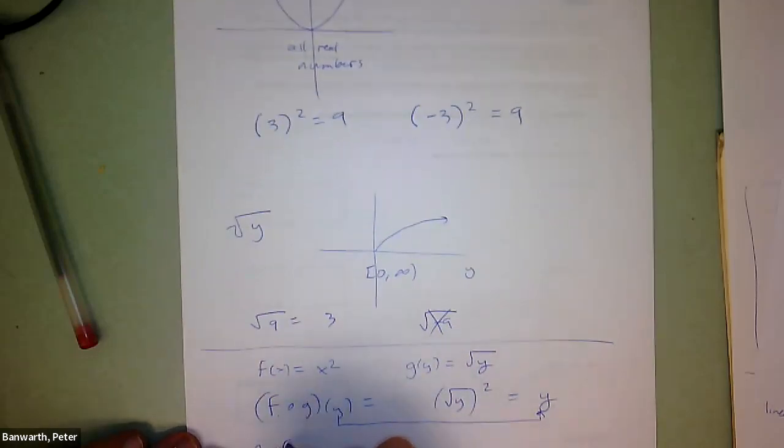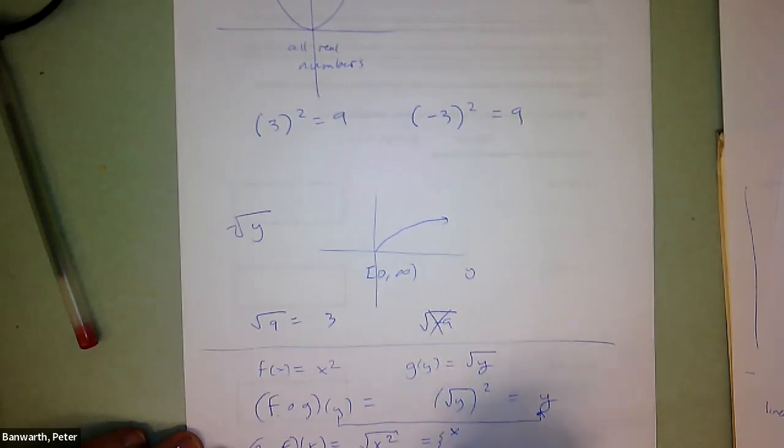But if I do g composed with f of x, that's x squared in the square root, and that equals x if x was positive, and it equals minus x if x is negative.